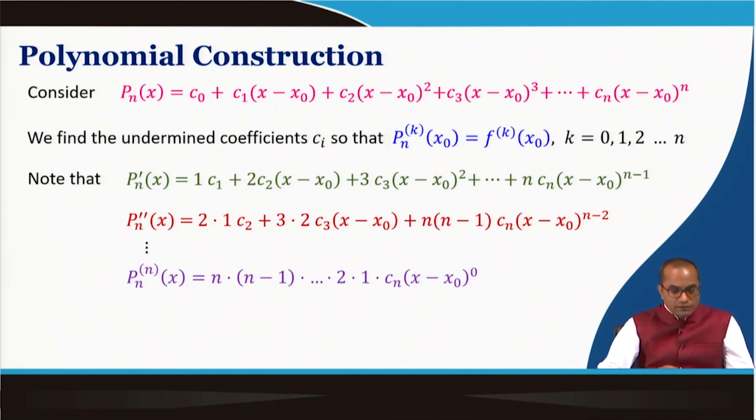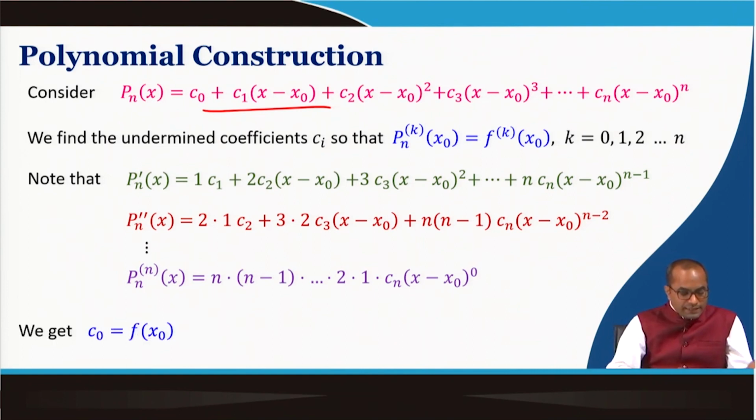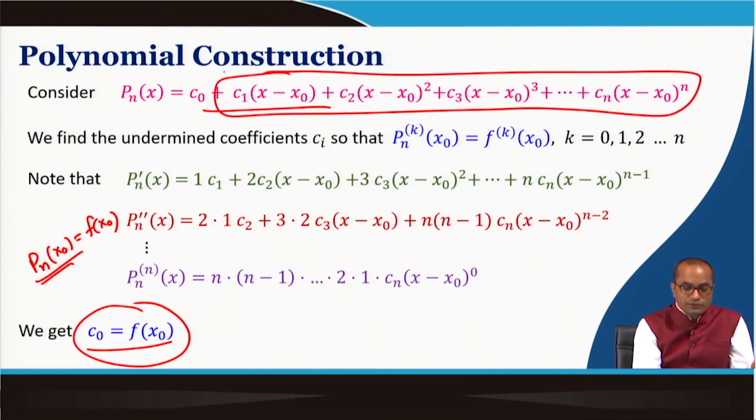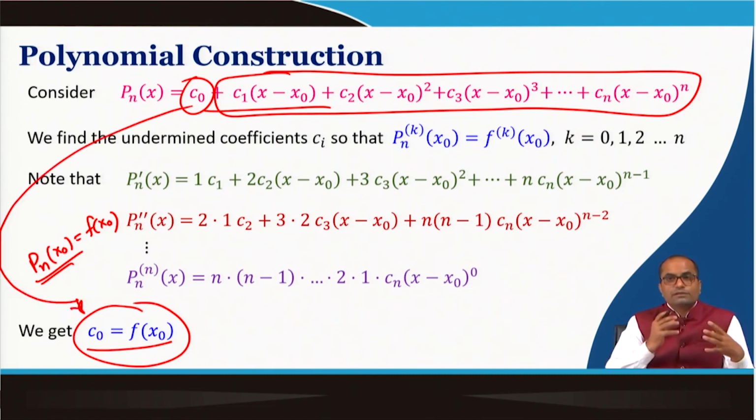And what is interesting now, and that is the idea of considering such a special form of this general nth degree polynomial, is that if we apply the first condition that p n x naught should be equal to f x naught, all these terms will vanish at x naught, only c naught will remain, and therefore out of this first restriction we get the first coefficient, c0, which is equal to f x naught.